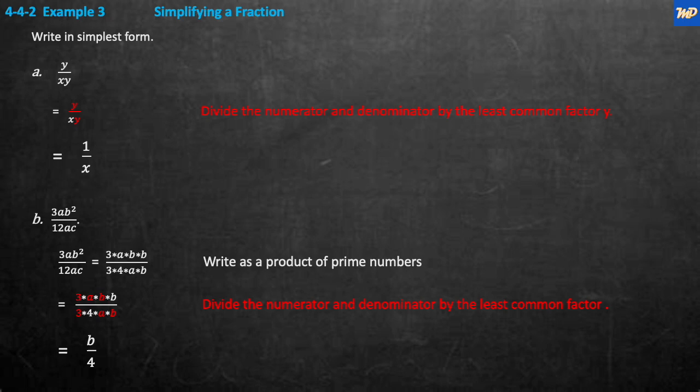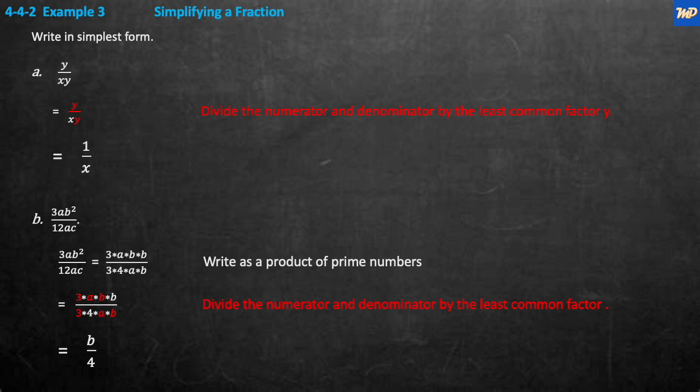These are all variables, but you can treat them as letters if you want to, and when you're putting them together, you have to square them and cube them when you have multiples. Let's start with the A, the first one: Y divided by X times Y. They want us to find the simplest form, to reduce things that are unnecessary.